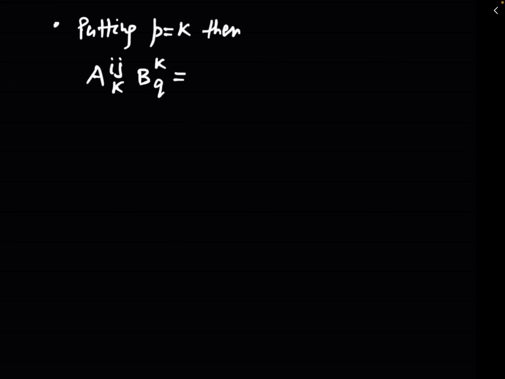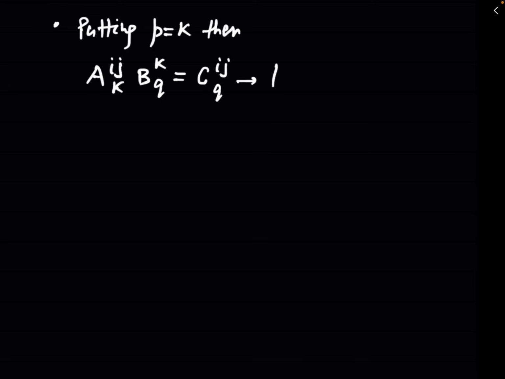And you know, when we sum over the repeated index k, this tensor is actually a tensor of rank 3, not 5, because the repeated index is not counted in the rank. So this will be just a tensor C super ij sub q.